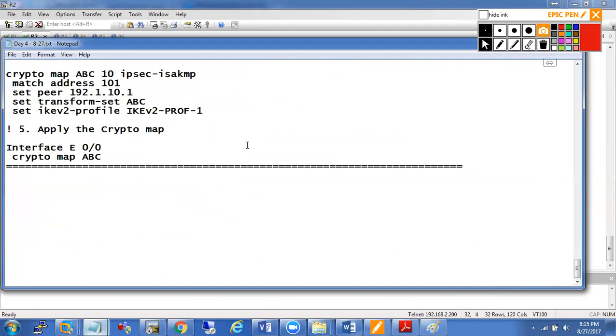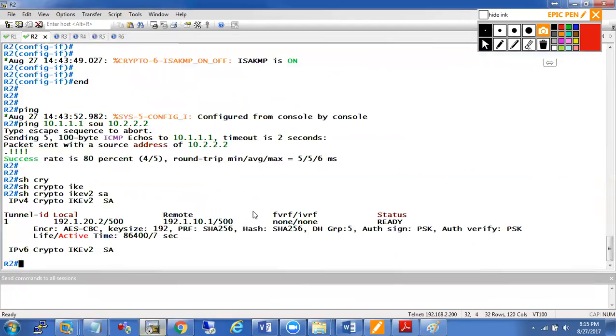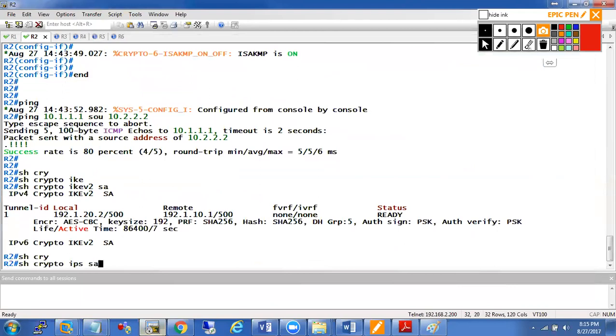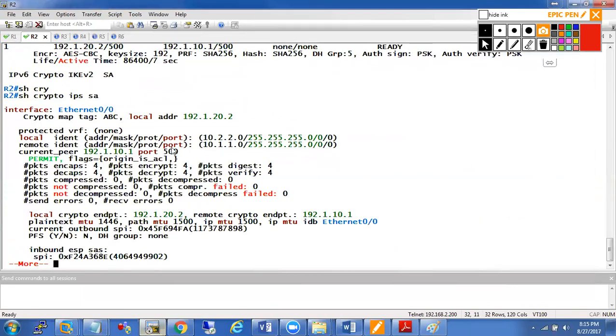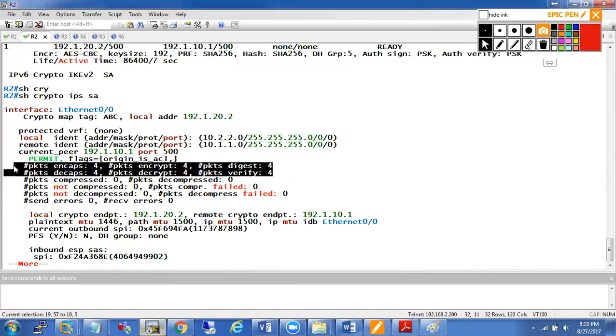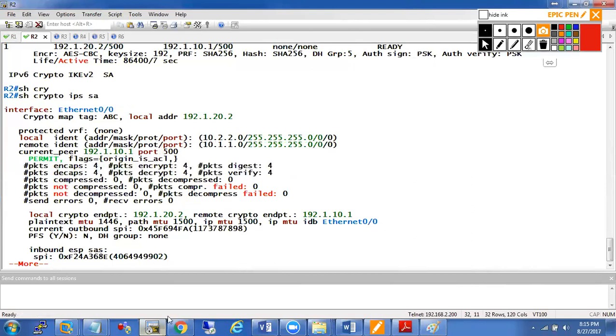Yep, UDP 500. You can check that as well. Show crypto IPsec SA. And the 4 packets encrypted, decrypted. Phase 2 is identical.